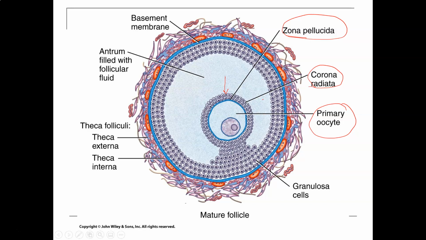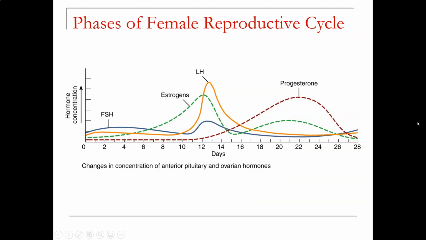So all of that will go with the egg upon ovulation. And then the rest of the Graafian follicle that's left behind will become the corpus luteum, and that requires LH. Okay, ovulation is triggered by a surge of LH. They call it the LH surge. So here we see it.